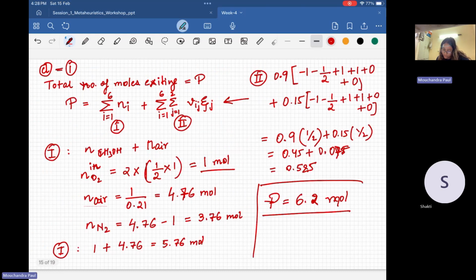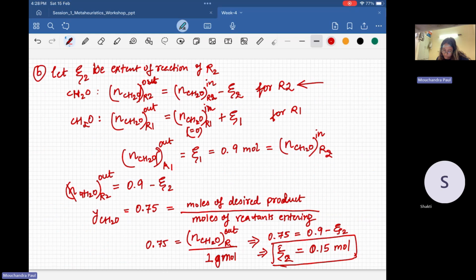However much was coming in, I think we calculated it previously. We calculated the number of moles of formaldehyde that was coming in reaction 2.